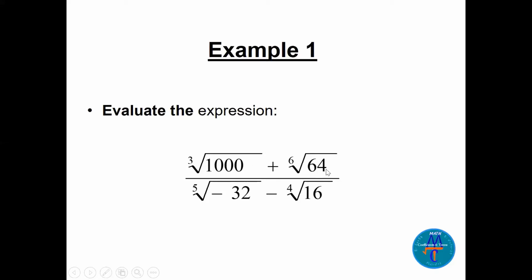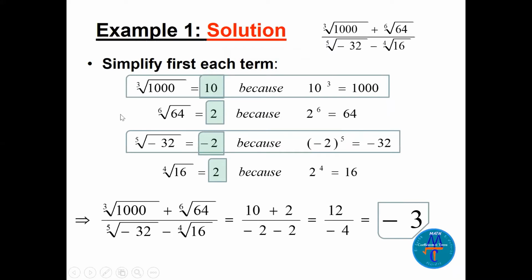Now, 6th root of 64. What number to the power 6 gives 64? So this is 2 to the power 6. Now let's see. The first one, cube root of 1000 equals 10. Why? Because 10 cubed, with the index 3, is equal to 1000. 6th root of 64 is 2, because 2 to the power 6 is 64. Now look here, we have 5th root of minus 32.